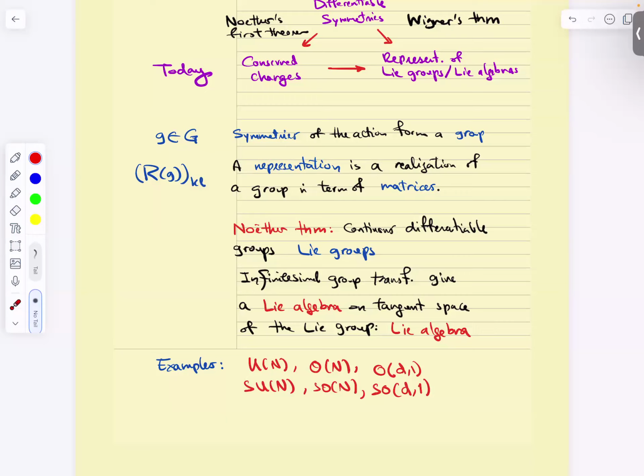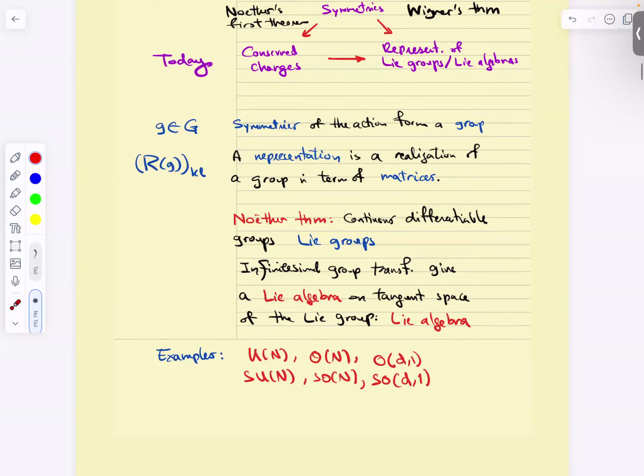Inversion in the group is mapped to matrix inversion. What was the other property of the group? Identity. Identity is represented by the identity matrix. All right, good.